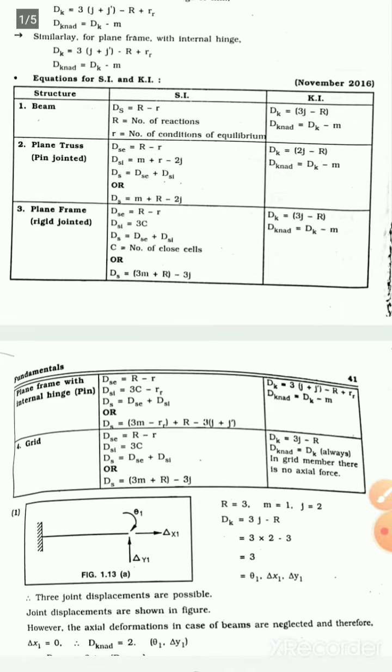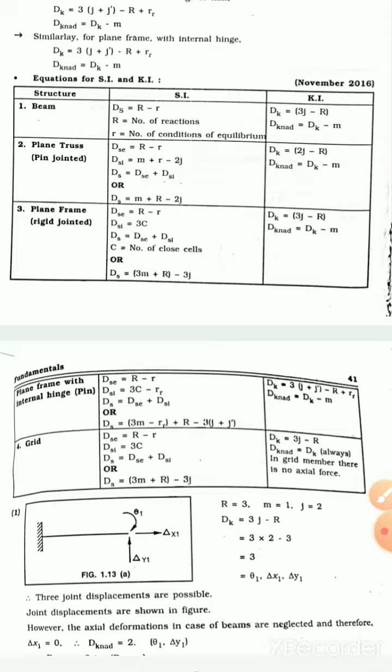Plane truss, pin jointed: static indeterminacy Dsc equals capital R minus r, Dsi equals m plus r minus 2j, Ds equals Dsc plus Dsi, or Ds equals m plus r minus 2j. And kinematic indeterminacy Dk equals 2j minus r, and Dk NAD equals Dk minus m.